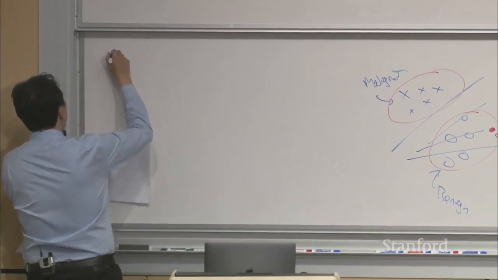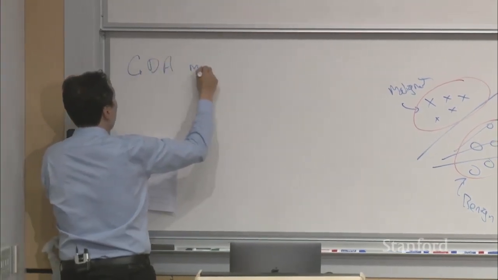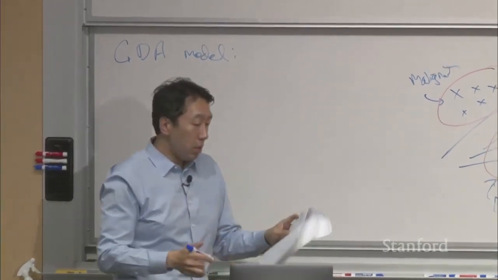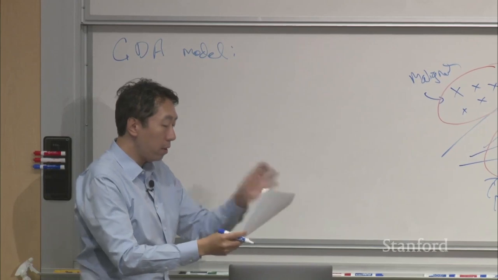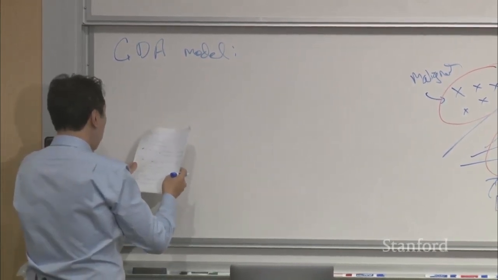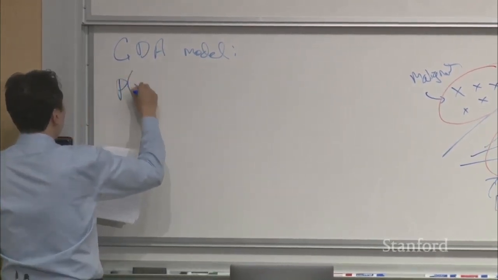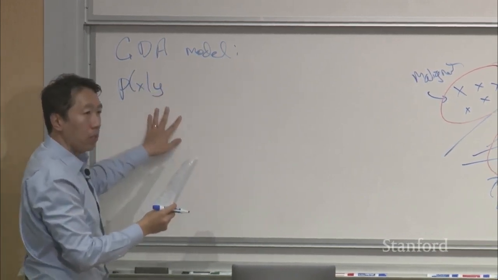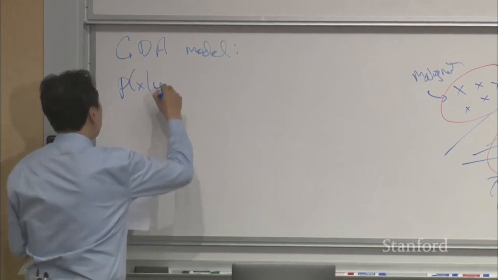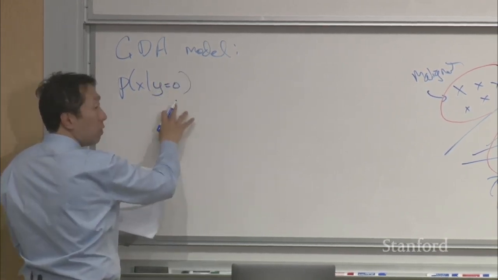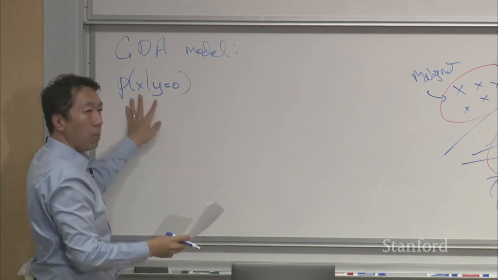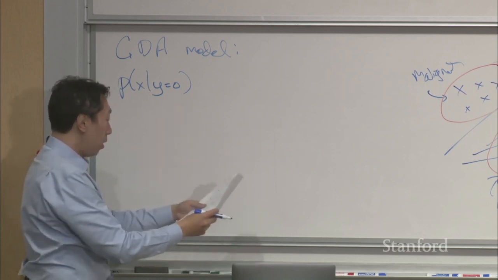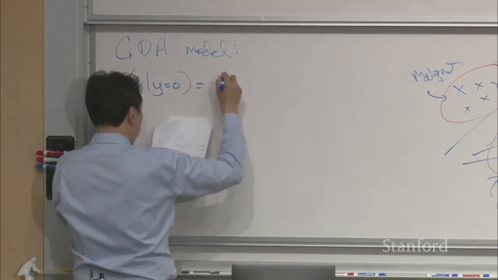Here is the GDA model. Remember, for GDA, we need to model P of x given y, instead of P of y given x. So I'm going to write this separately in two separate equations. P of x given y equals 0. So what's the probability density of the features if it's a benign tumor? I'm going to assume it's Gaussian.